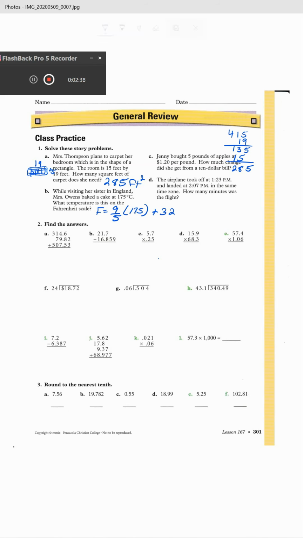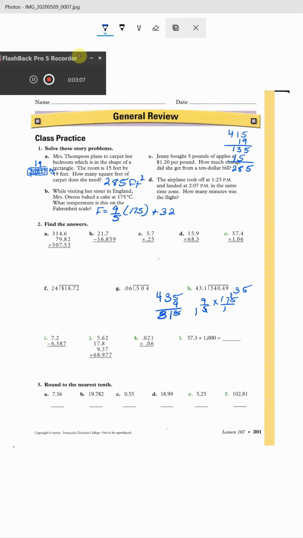All right, so I'm going to work it down here. So I have 9/5 times 175, and this will cross cancel. 5 goes into 17 3 times with 2 left over, and it goes in there 5. So 9 times 35 is 315.